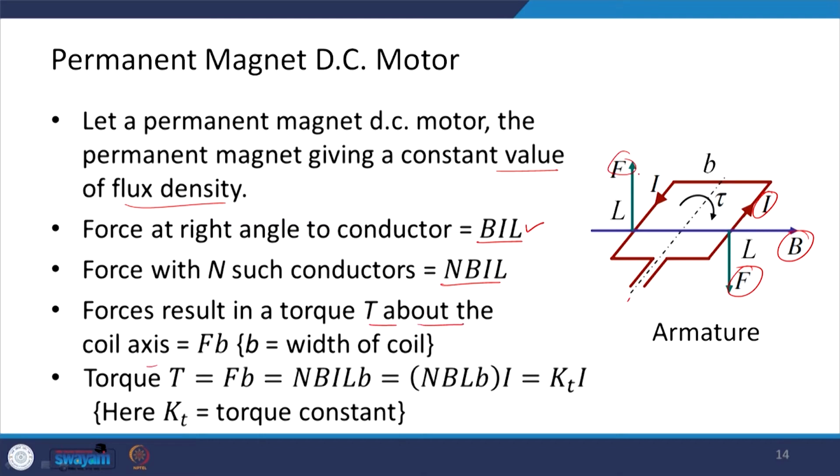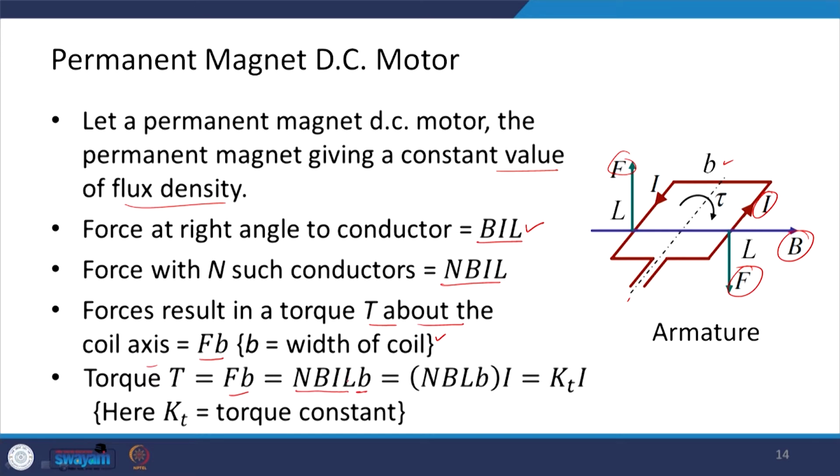This force and this force form a couple, and its moment is given by the force times the distance between these forces, FB, where B is the width of the coil. So, this torque is FB, which is n times BIL times B.